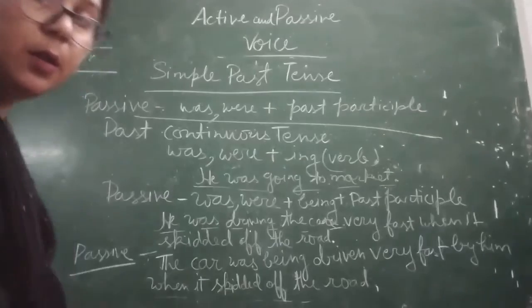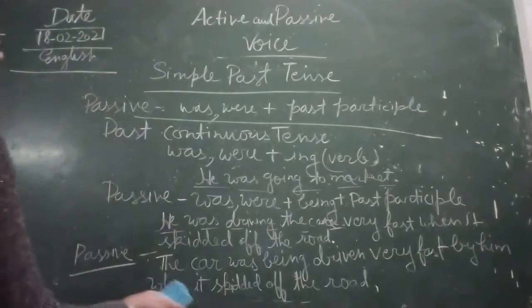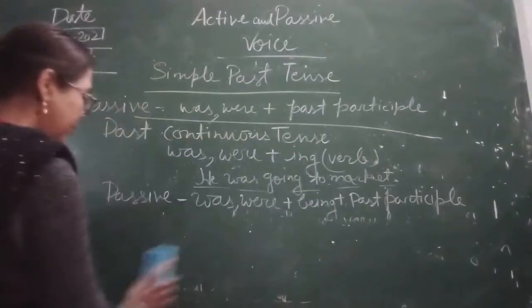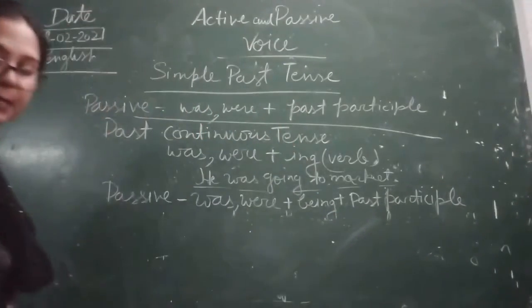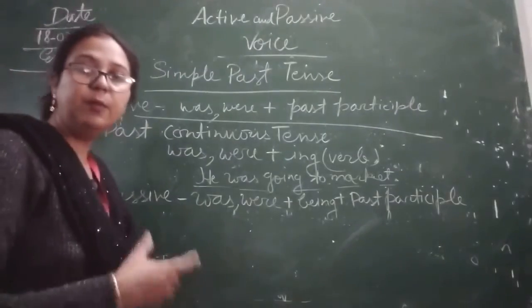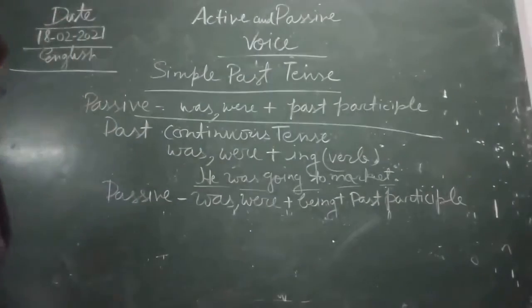Now if we give you the next example, how can we convert into passive voice if it is written in past continuous tense, active voice? So children, I am giving you the next example.